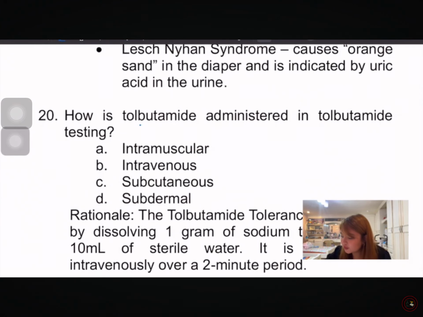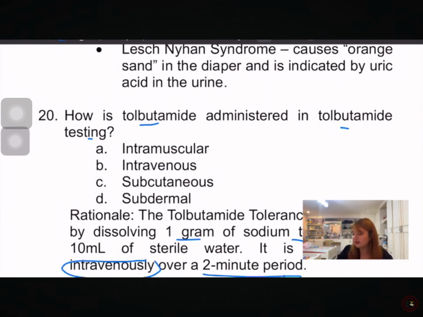So, how is tolbutamide administered in tolbutamide testing? So, yung tolbutamide tolerance test is done by dissolving 1 gram of sodium tolbutamide in 10 ml of sterile water. It is administered intravenously, yun na yun, over a 2-minute period.